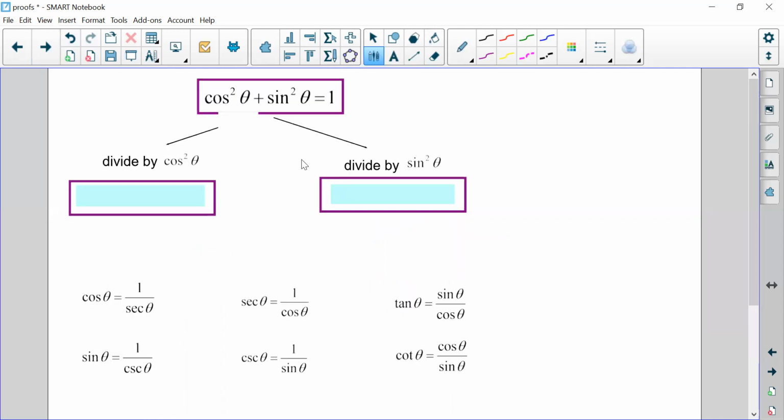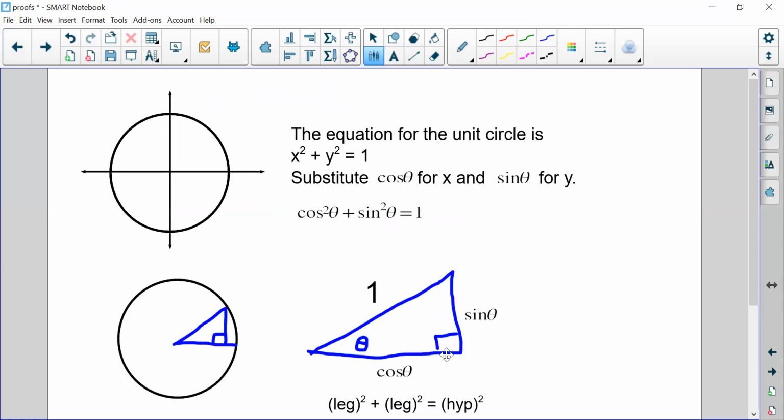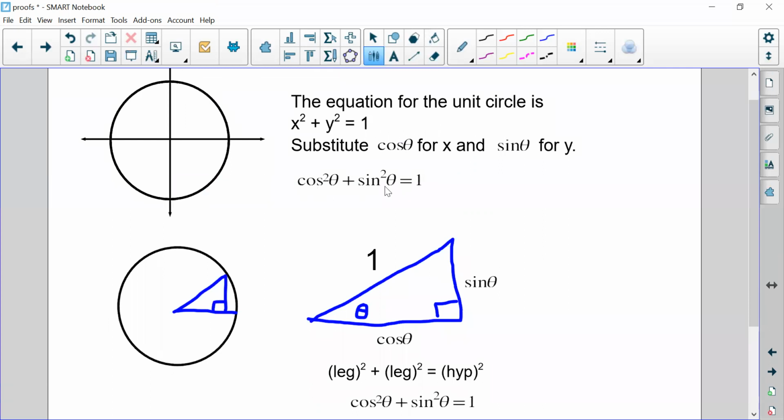We're going to be using that a lot. It's an important trig identity. But we just proved it. We proved it twice. So we're never going to prove that this is true. We just get to use it from this day forward. Anytime we have cosine squared plus sine squared, we can replace it with 1.